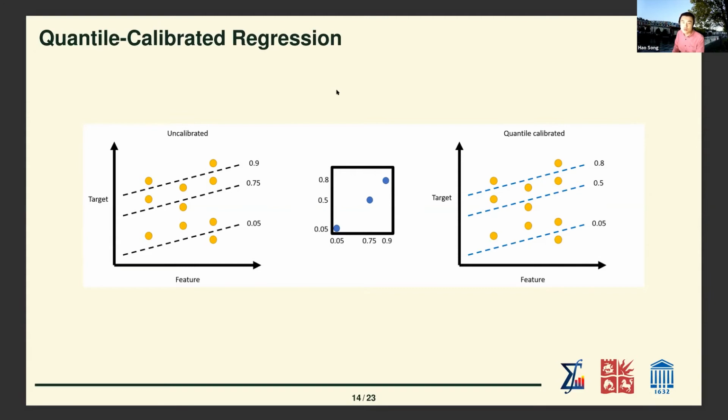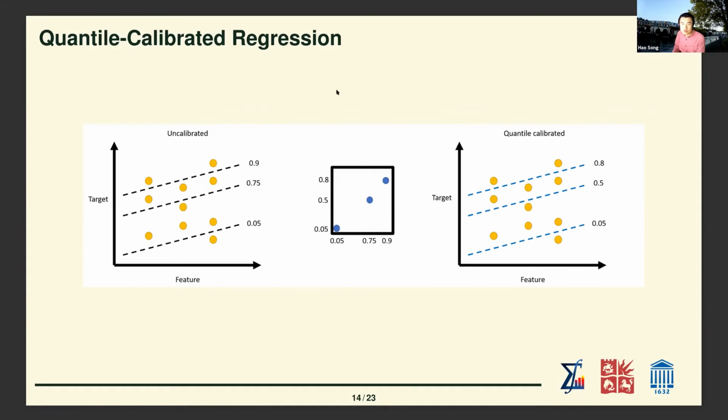In the empirical case, this top dashed line should be the 0.8 quantile. So what you want to do is map the 0.9 quantile to the 0.8 quantile. Similarly, for the middle dashed line, the uncalibrated one says this is the 0.75 quantile, but it is actually the 0.5 quantile. And for the bottom line, it's already calibrated, which is from 0.5 to 0.5.